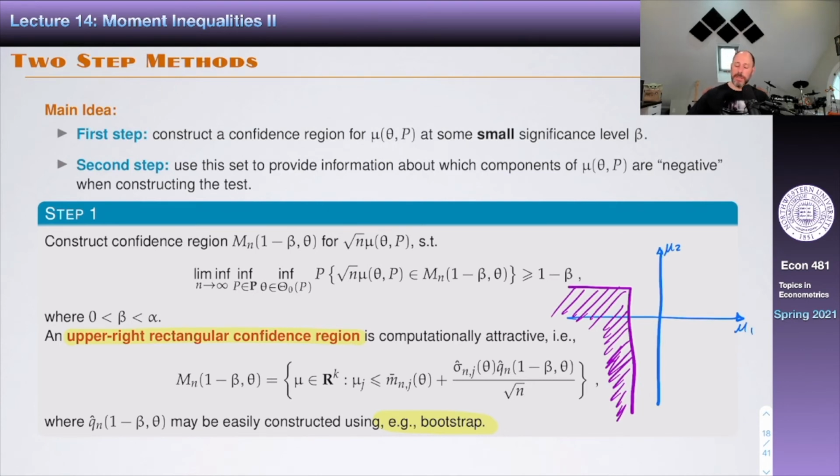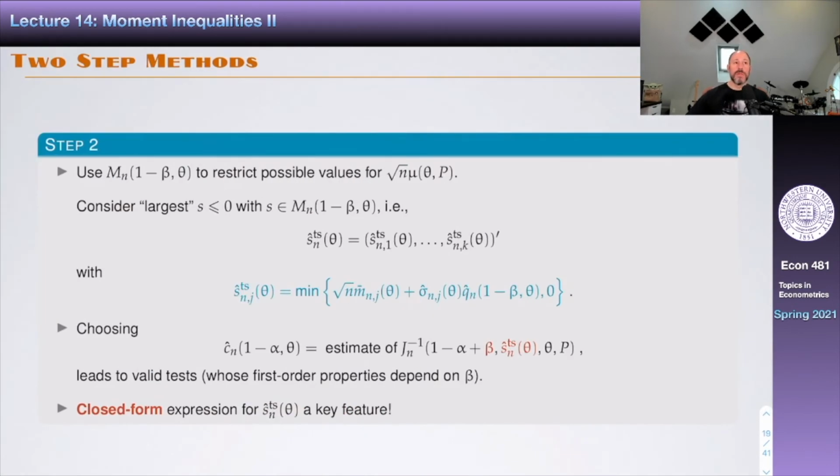Just do a rectangle. Okay, in the second step, we're going to use that rectangle to decide whether a moment is binding or not. And so what's going to happen is that we're going to intersect that confidence region with the areas that we care about. And what's really nice about this paper is that the selection function S is going to have a closed form.